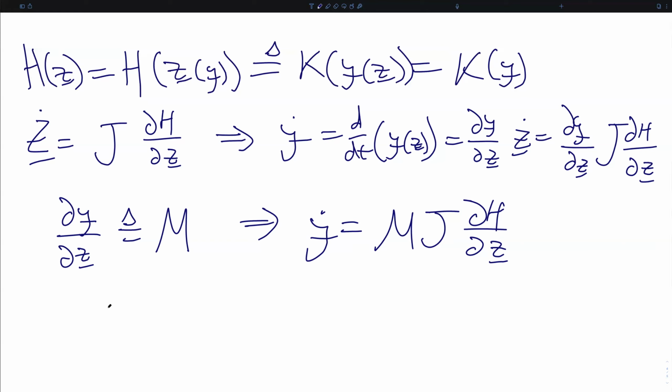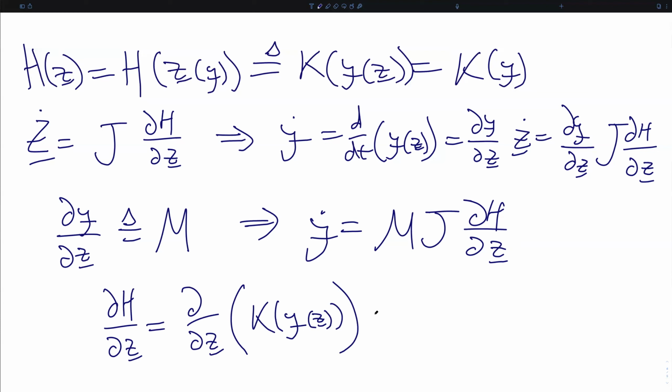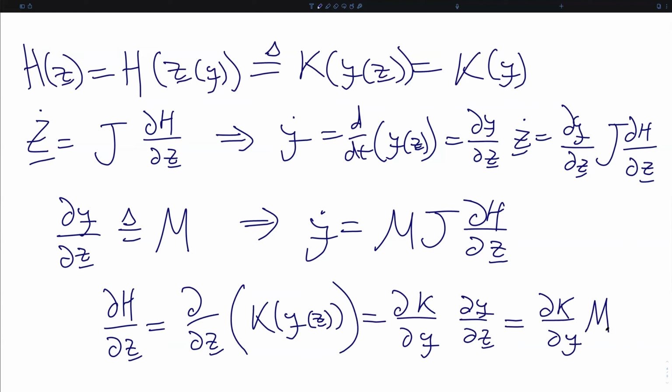From this, we can write the partial of H with respect to z is the same as the partial with respect to z of the transformed Hamiltonian written in terms of the coordinate transformation, K of y of z.